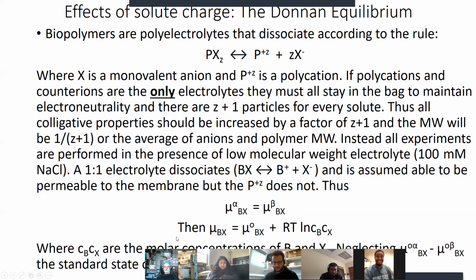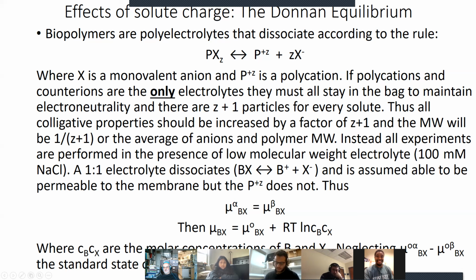Same reason. So you can write this down in terms of a chemical potential being equal to its standard state chemical potential plus RT ln, and notice it's concentration of B times concentration of X. So you end up writing down the product of some average concentrations, which initially we assume is equal.